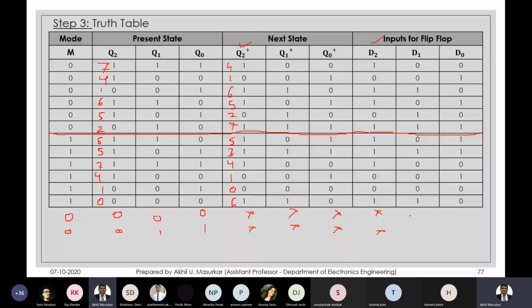And when M equals 1, the two invalid states are 2 and 3, that is 010 and 011. Again, these will be don't cares. Now with these combinations M, Q2, Q1, Q0, we will make the K-map.